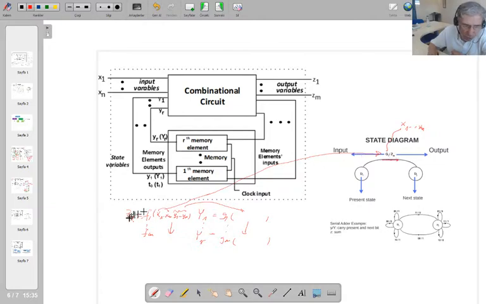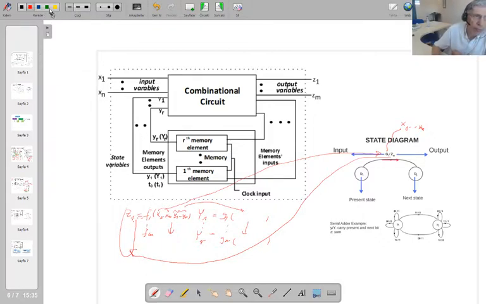Output is the Z function. So you know the present state, that means you know the small y's, you know the input, that means these x values, then you can find all the dependent output functions values from Z1 to Zm. So you're going to write all this in that Zm after the dash.